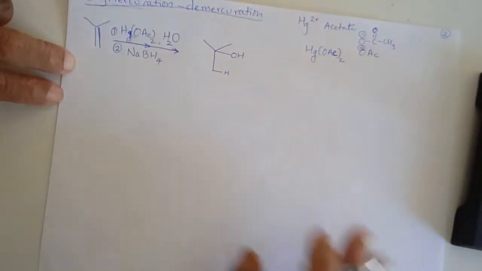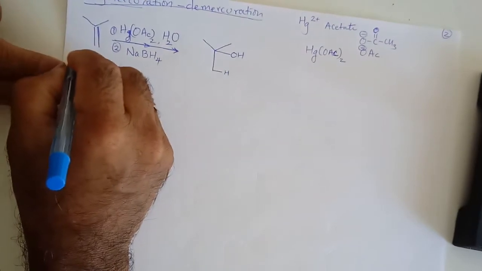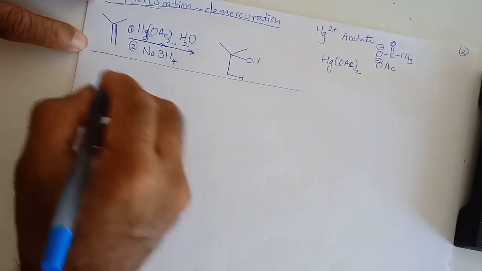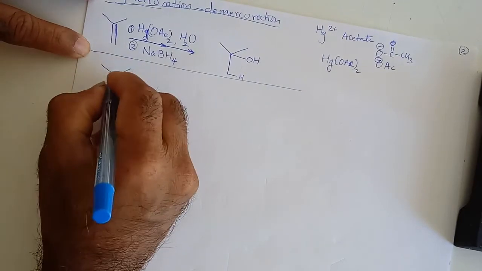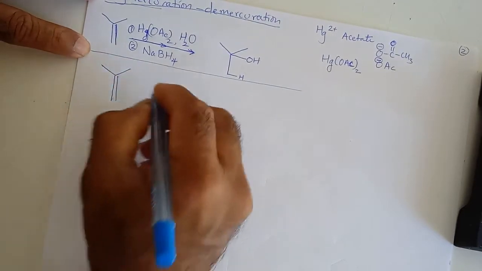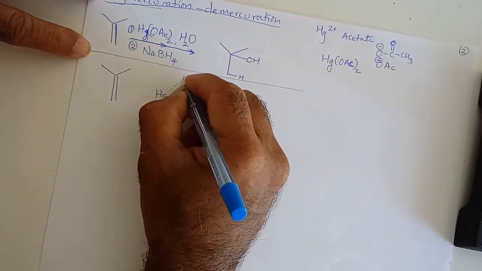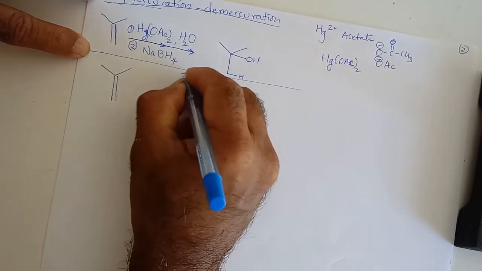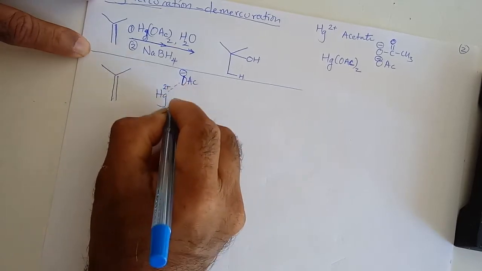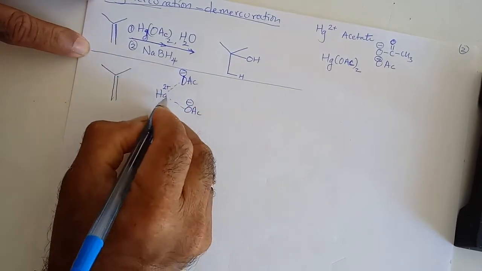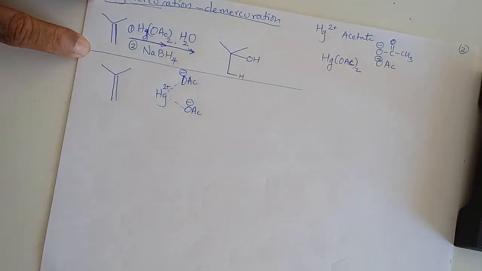So this has a fairly elaborate mechanism, right? The mechanism is very interesting. So again, if you look at it, mercury is interacting with acetate, there's a 2 plus ion. Now we can show this as a line.